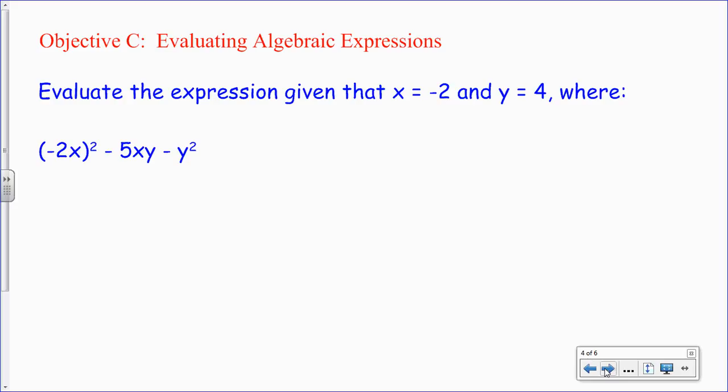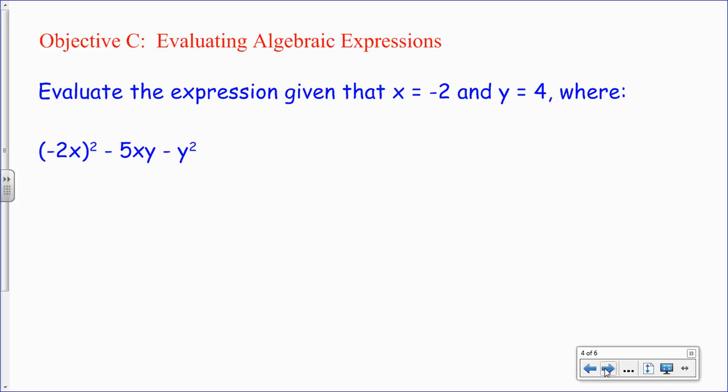Talk about evaluating algebraic expressions. To evaluate means to plug a number in and get an answer. We're not solving for a variable, so I don't have like x equals a number. I'm just going to get a real number answer after simplifying.